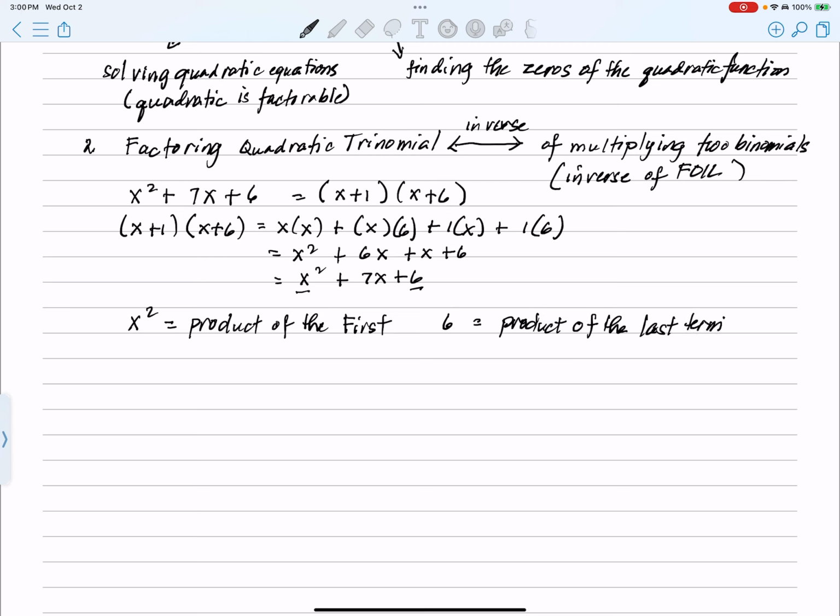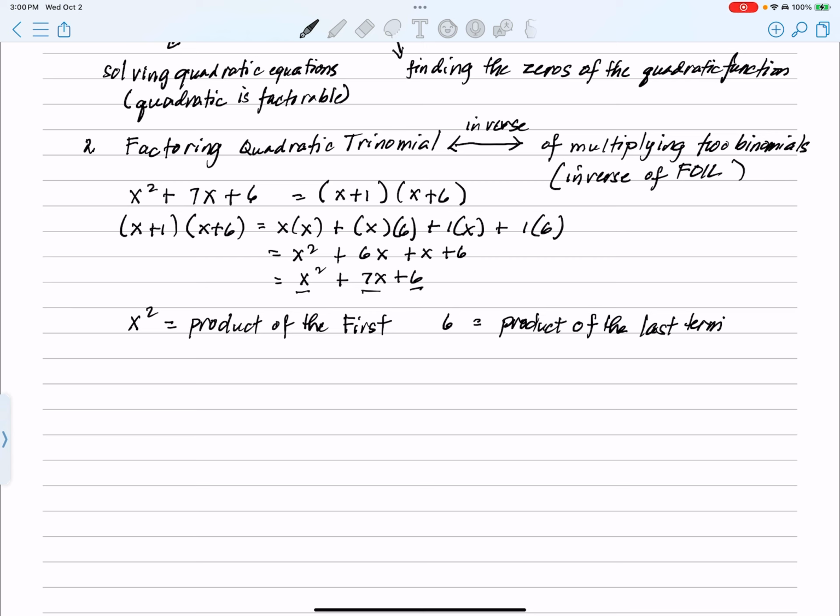Okay, let's see the middle term. Where did we get the middle term 7x? Isn't it 6x plus x? And when we add it, that means we get the sum. All right?